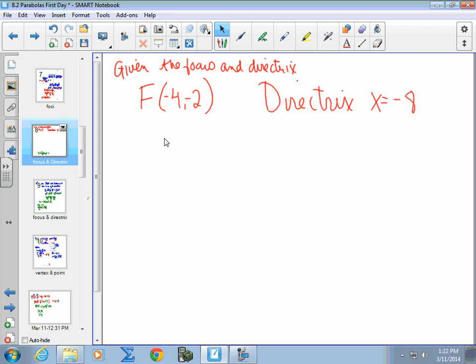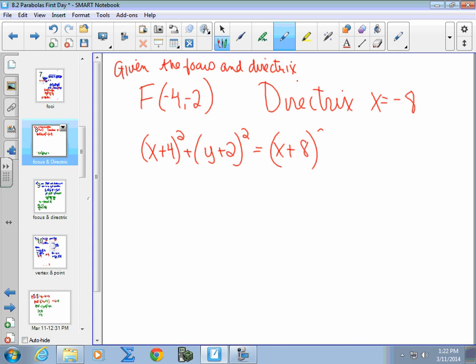So I think what we'll do is we'll write the equation first, and then I'll go back and talk about what a focus is. To work a problem like this, you basically want to say x minus a minus 4 squared plus y minus a minus 2 squared is equal to x minus a minus 8 squared.